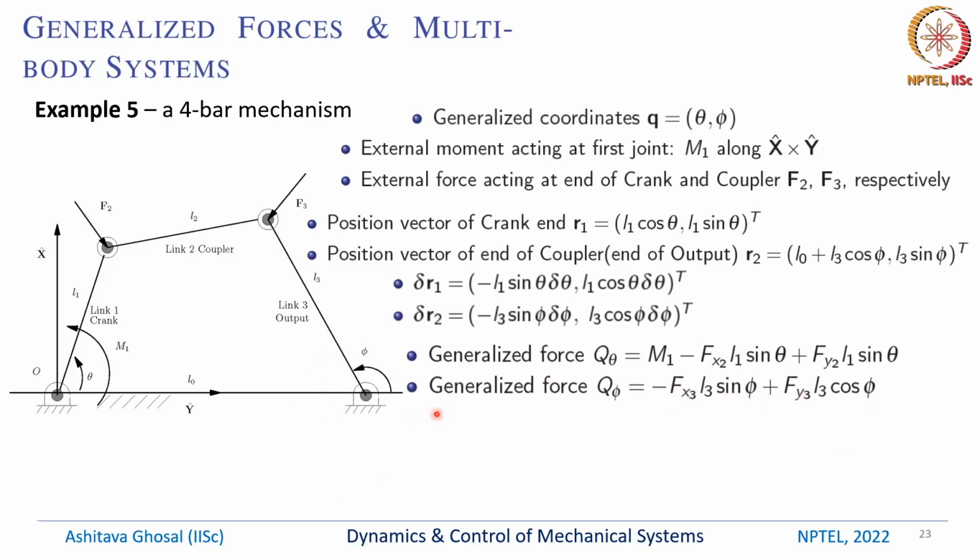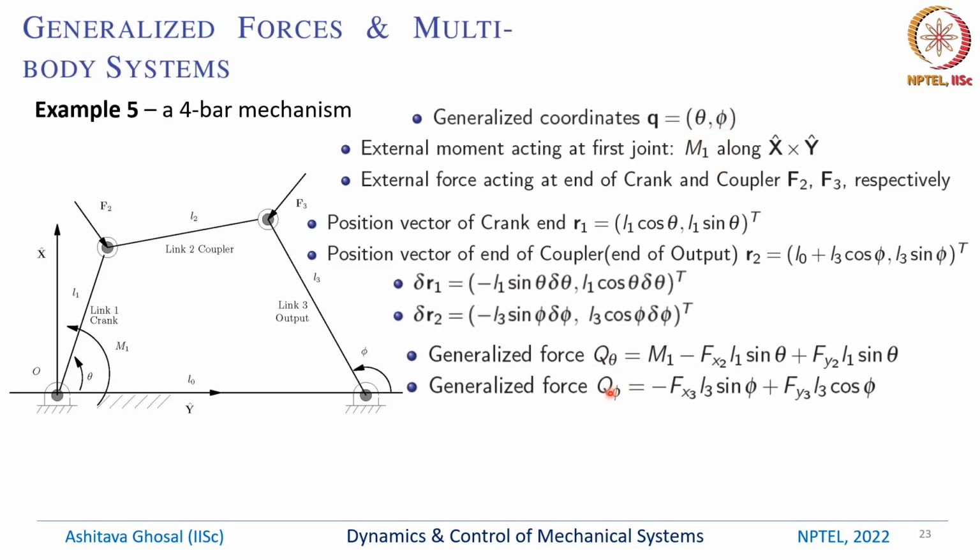So in this example, we have not assumed any other moments, only one moment. So the moment dotted with d omega by dq dot will only show up here in Q theta, not in Q phi. And in this case, both these generalized forces are in Newton meter, because we are starting with generalized coordinates which are angular measures, theta and phi.